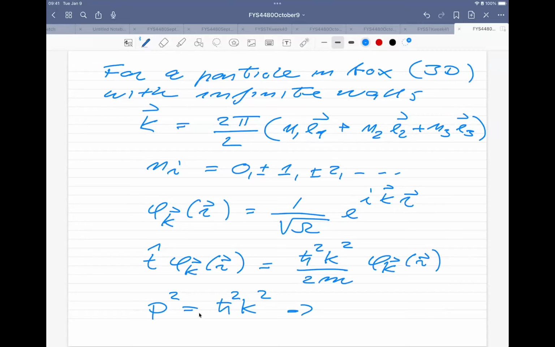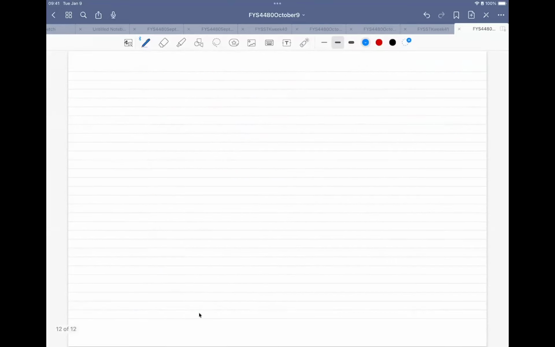So if I now calculate the expectation value of the kinetic energy operator, T of p, and I'm not putting vector signs on the p's here. I could have put them to indicate that this is not a one-dimensional case, but let's leave that out.